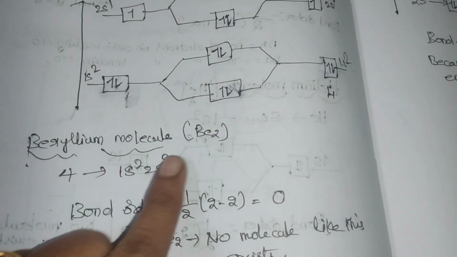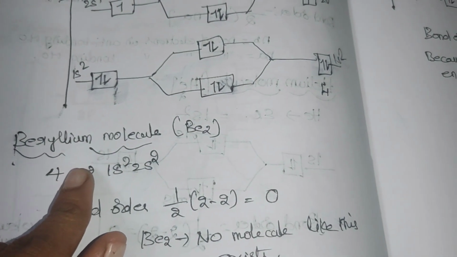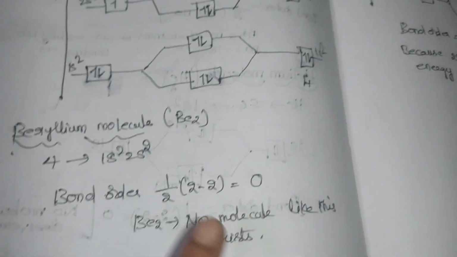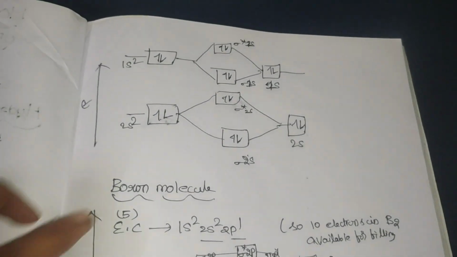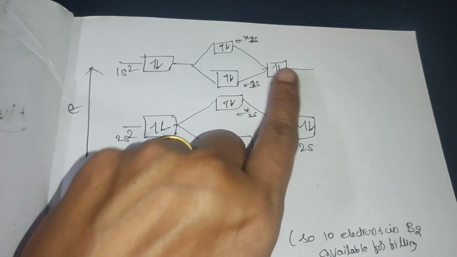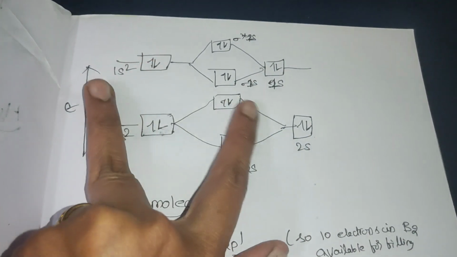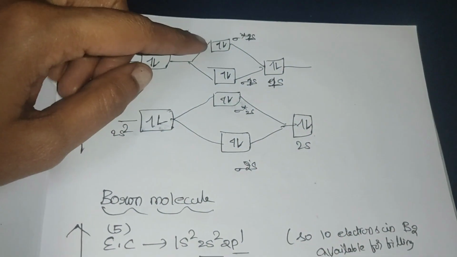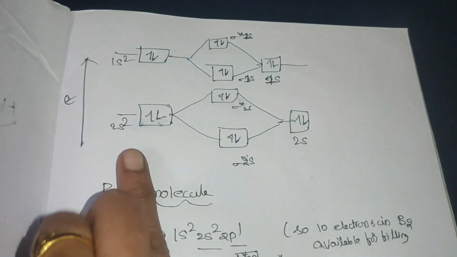Next is beryllium, Be2. Its atomic number is 4, so the electronic configuration is 1s2, 2s2. Let's see how it is formed. The 1s2 reacts with the 1s of another beryllium to form bonding and anti-bonding molecular orbitals.